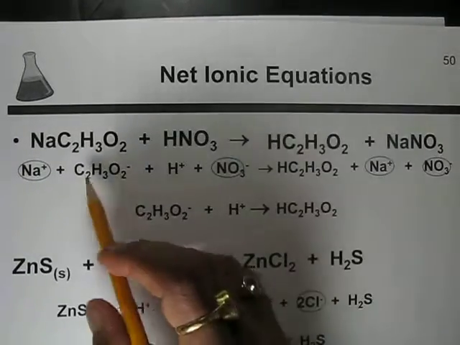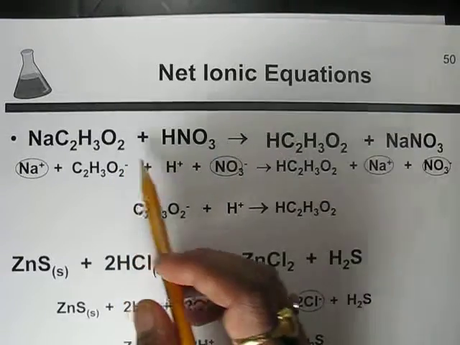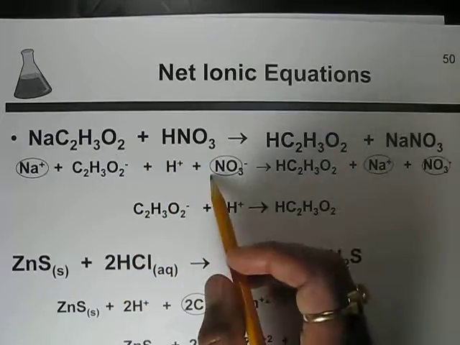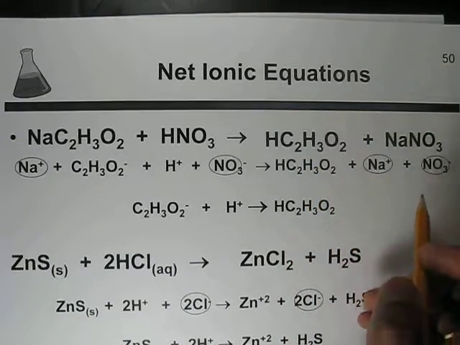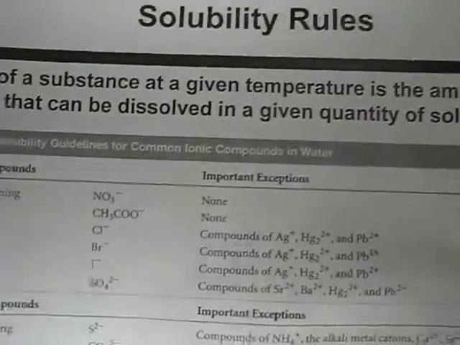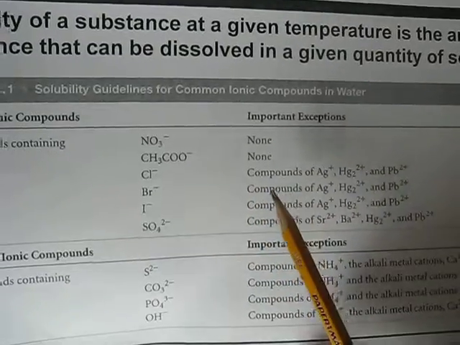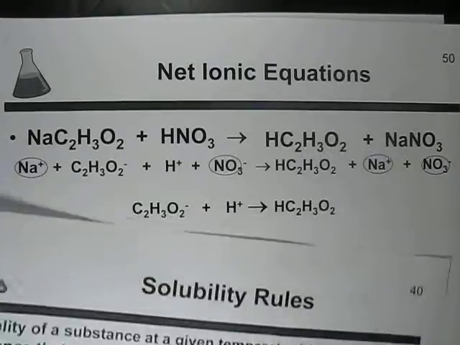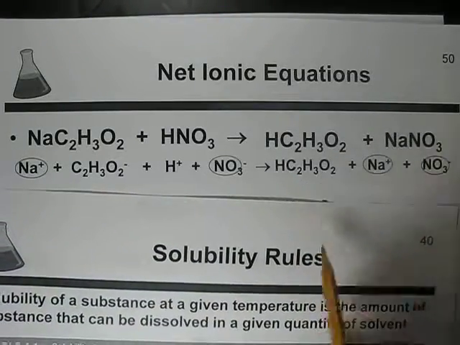The next example is sodium acetate and nitric acid. Sodium acetate is a salt of acetic acid, and nitric acid is a strong acid. When they react, they form acetic acid, which is vinegar, and sodium nitrate. Reviewing this table, acetates are mostly soluble, but acetic acid is a weak acid.